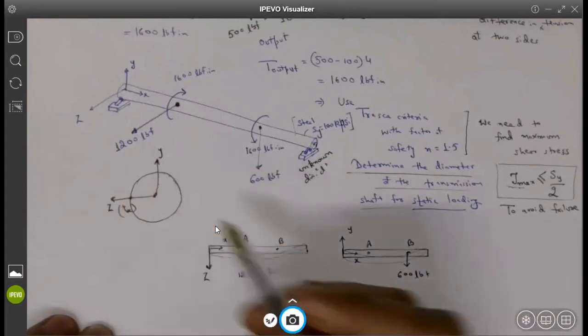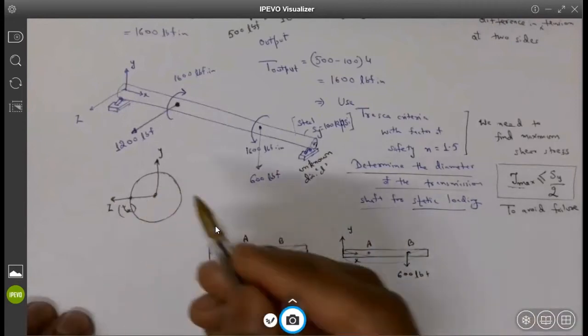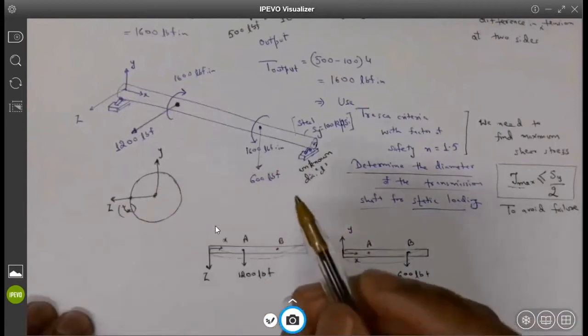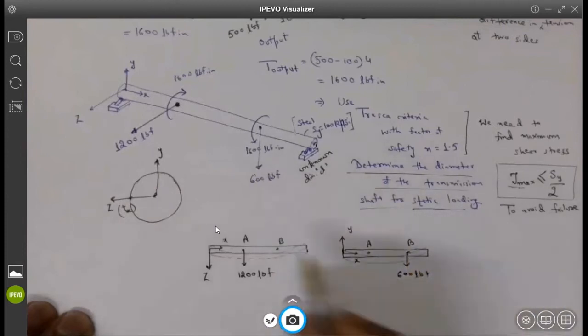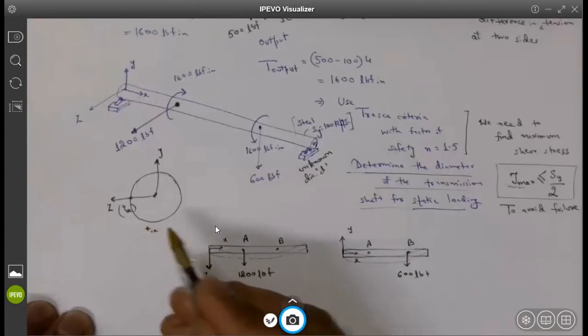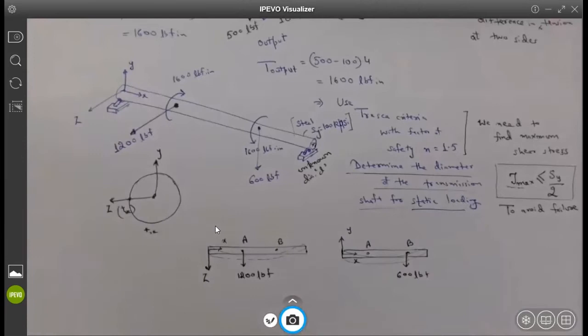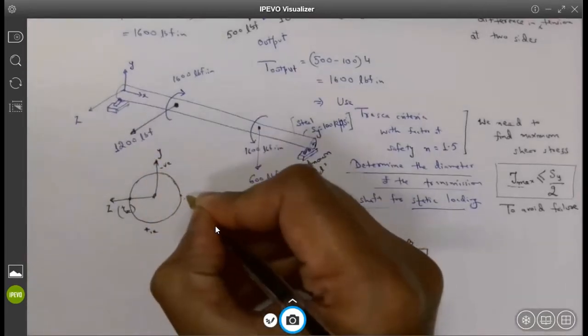Similarly, due to this 600 pound force, what is going to happen? This will be tension on this side, right? Right, guys? Yes. Positive and negative, and positive and negative.